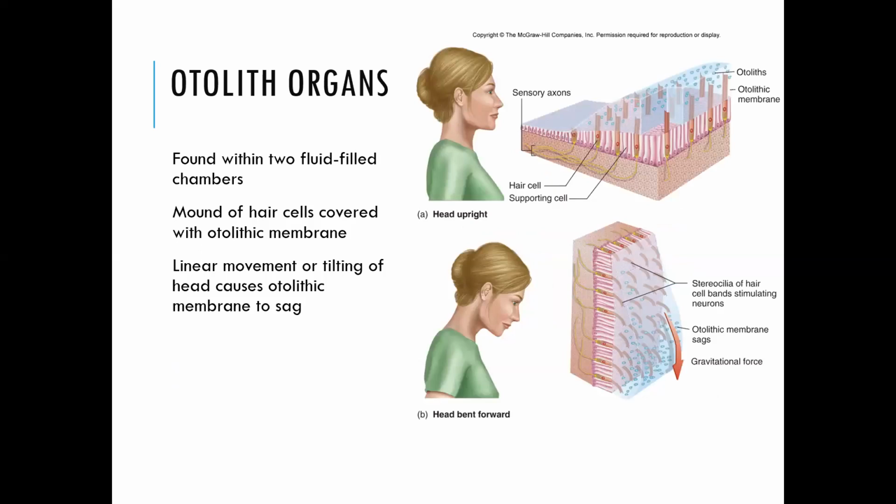You also have your otolith organs that are present in the region of your ear. They are found within two fluid-filled chambers, and they detect linear movement or tilting of the head, bent forward or upright. So your otolith organs are responsible for detecting that type of movement.